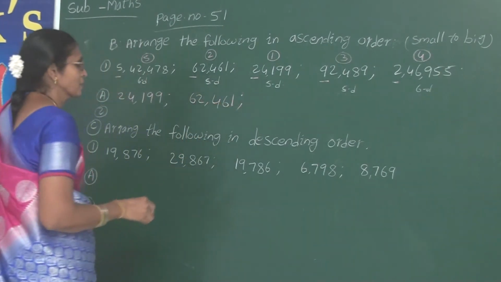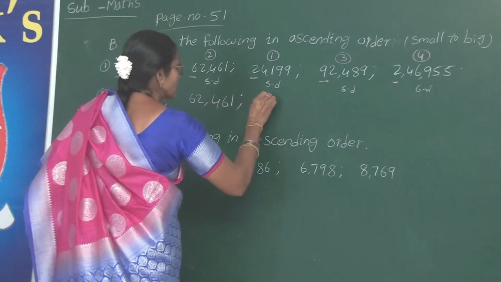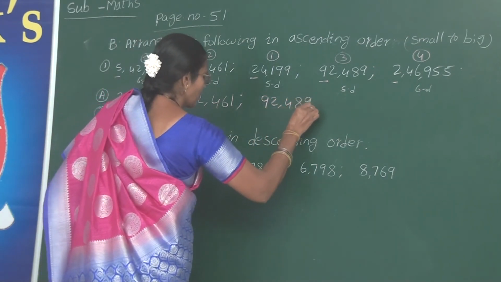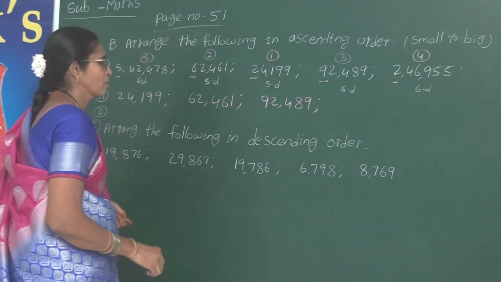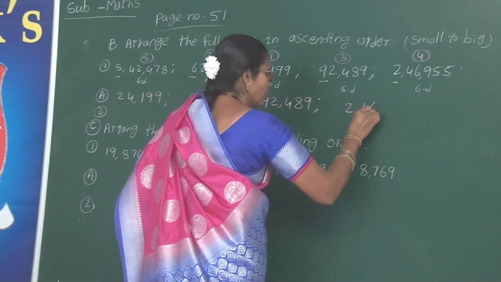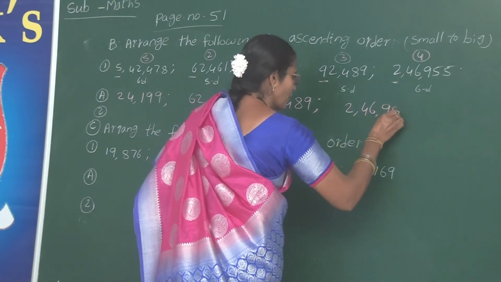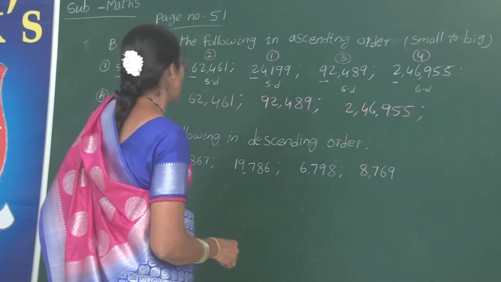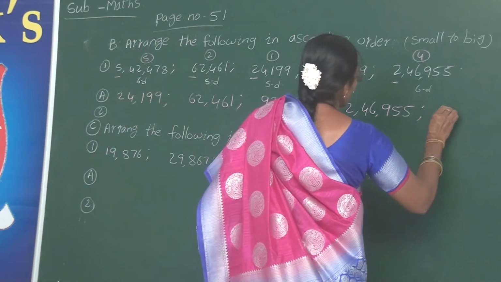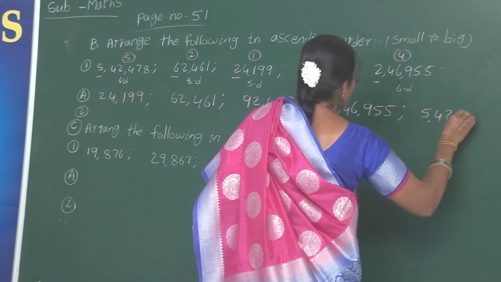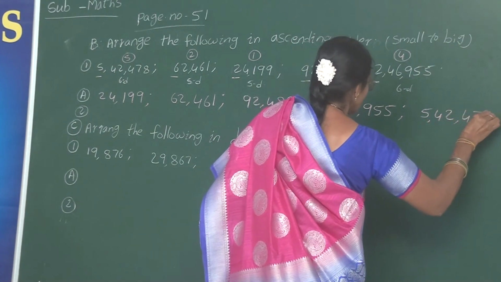And in third place, 92,489. And in the fourth place, 2,46,955. And in the last one, 5,42,478.